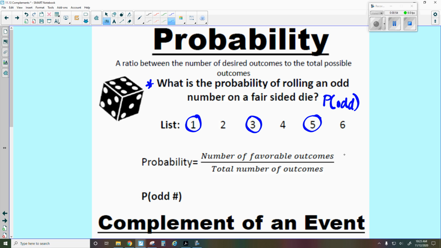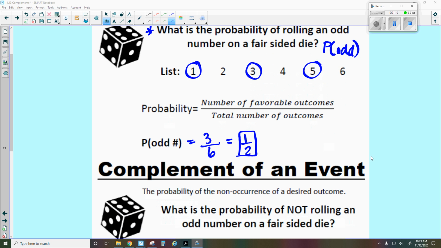So that's the number of favorable outcomes, 3, and the total number of outcomes is 6. And then for probability, we want to simplify our fractions. So the probability of rolling an odd number is 1/2.